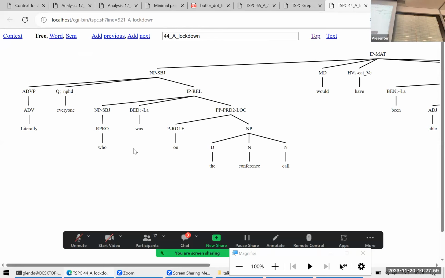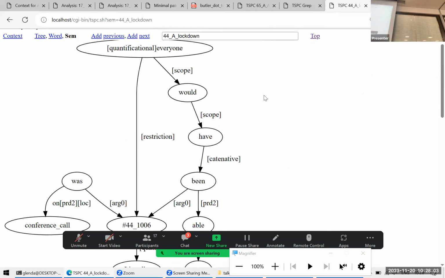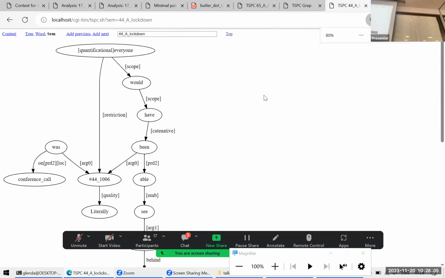So how are we getting a semantic representation from that? So here we have the semantic representation. We've got everyone that's introducing a restriction, and so that's everyone literally on the conference call.